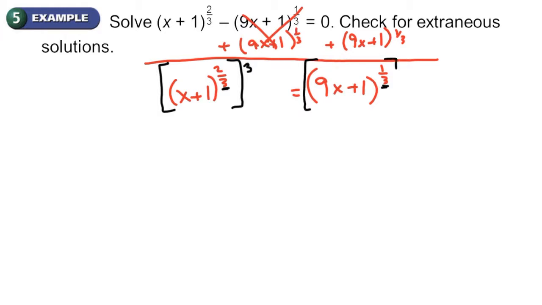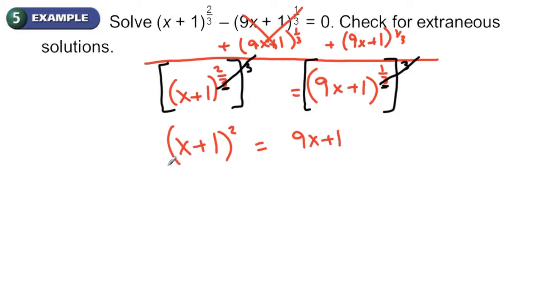Raising this to the power of 3 cancels out the denominator. So now on the left, we have the expression x plus 1 raised to the power of 2 squared equals 9x plus 1 expression raised to the first power, which is just 9x plus 1. So we're not going to worry about putting that in parentheses and raising it to the power of 1.